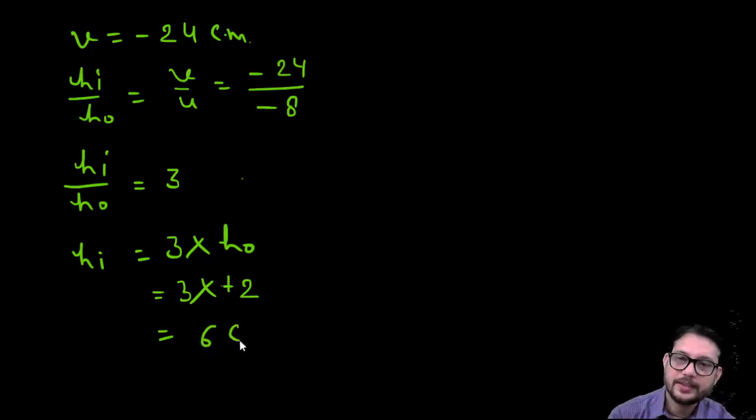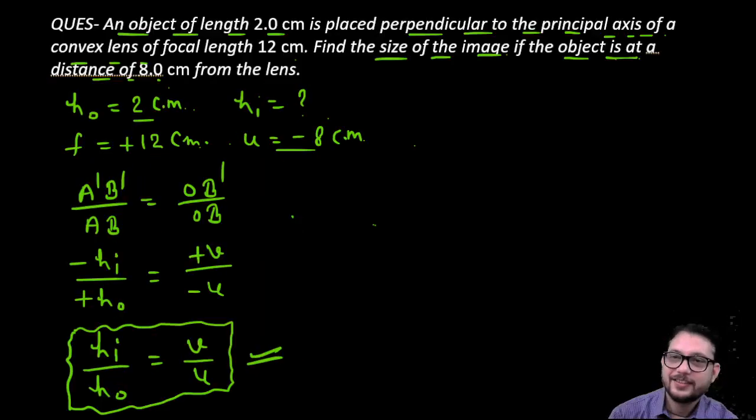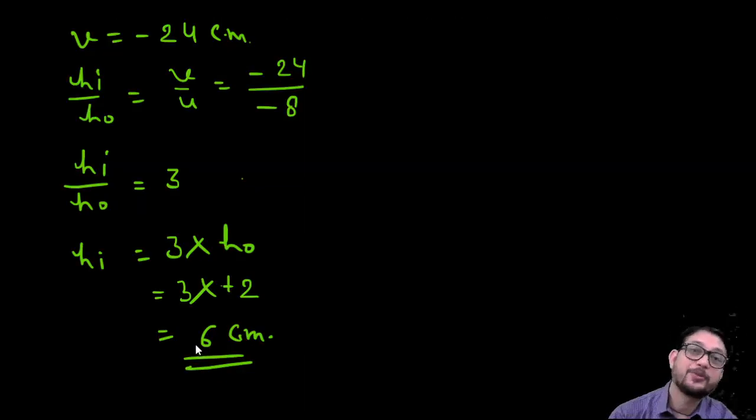So the answer is 6 centimeters, and this is positive here. Why? Because, as you can see here, we have already taken the value of A'B' as minus hi. That's why the final result becomes positive.